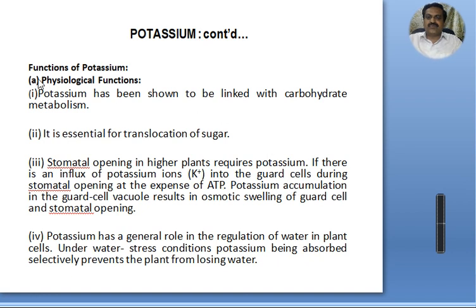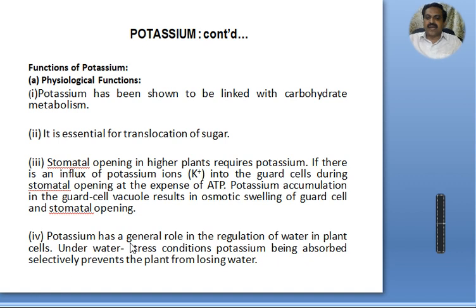The first one is physiological function. Potassium has been shown to be linked with the carbohydrate metabolism and is very essential for translocation of sugar in the plant body, and stomatal opening and closing is mainly due to influx of potassium ions into the guard cells from the surrounding subsidiary cells.